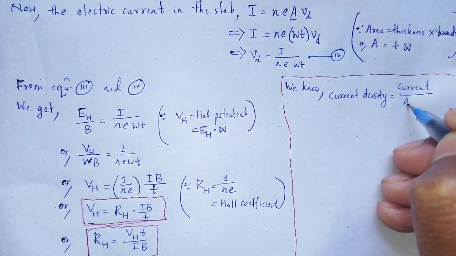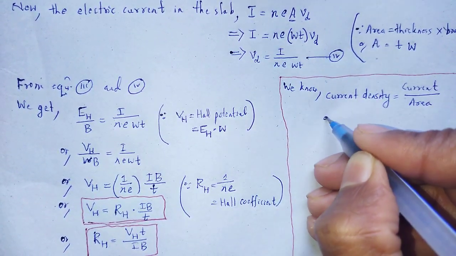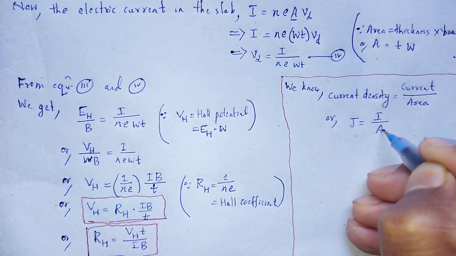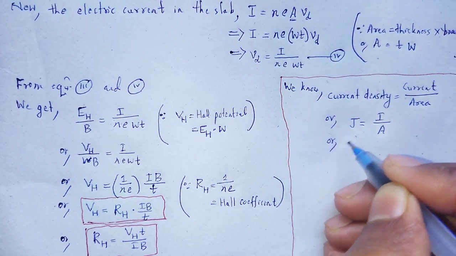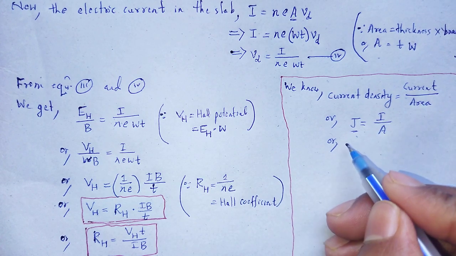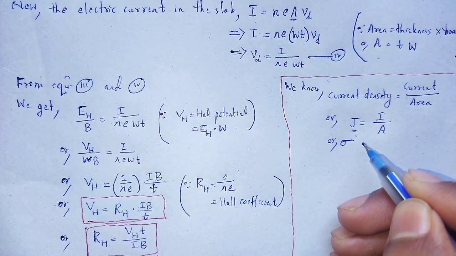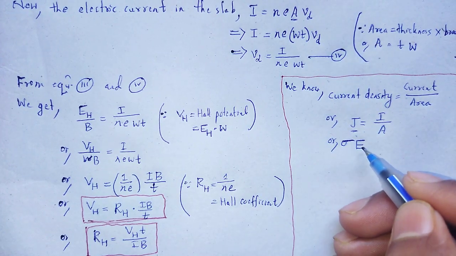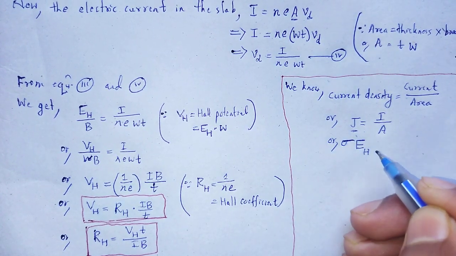Current density J is equal to current I by area A, or J in terms of electric conductivity is sigma into the electric field intensity due to the Hall effect E_H.